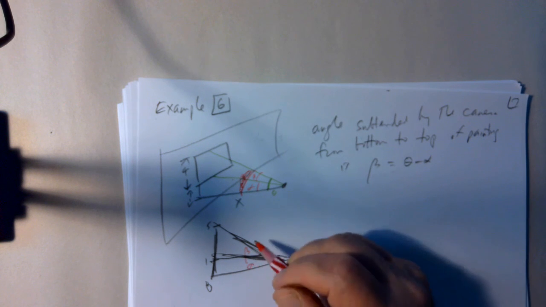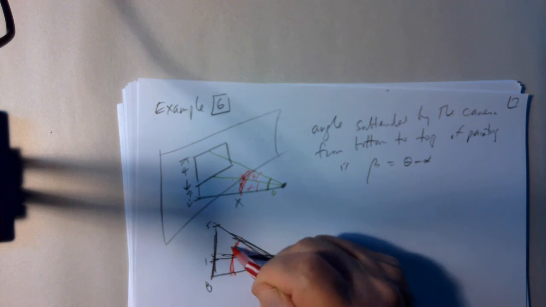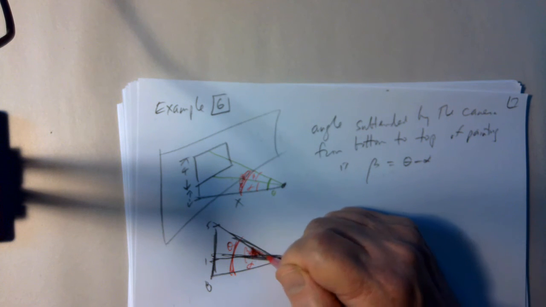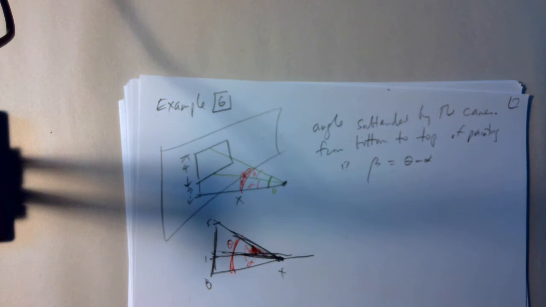And this angle is alpha, and this whole angle is theta. So beta, the one we're interested in, is theta minus alpha. And we want to choose x that makes beta as large as possible. So the object is to express beta somehow in terms of x.